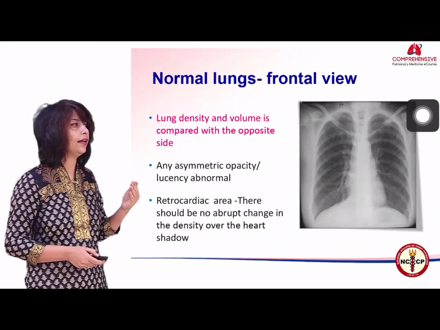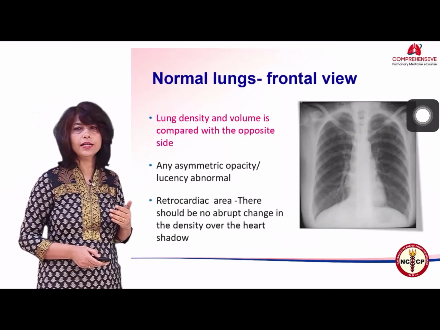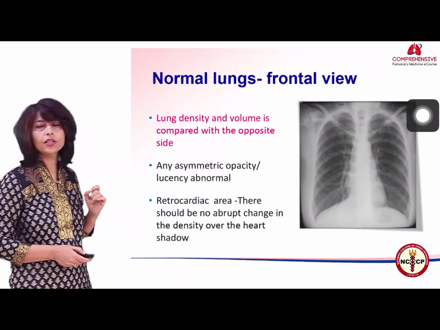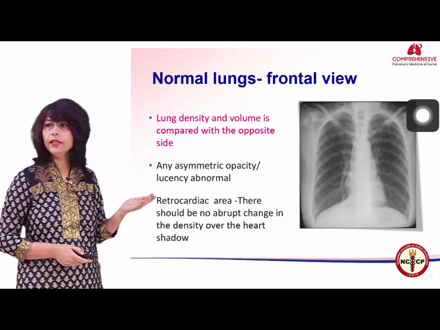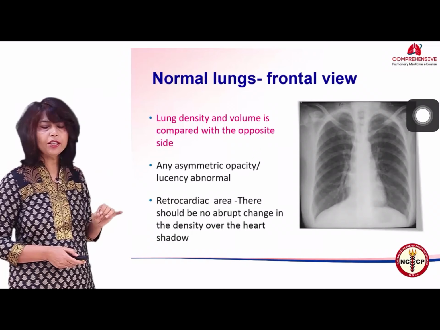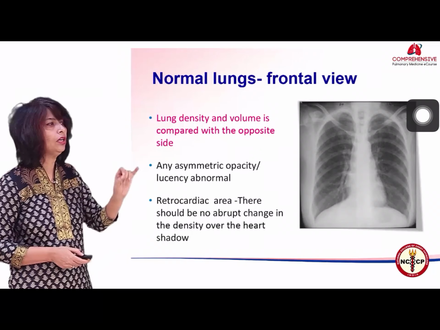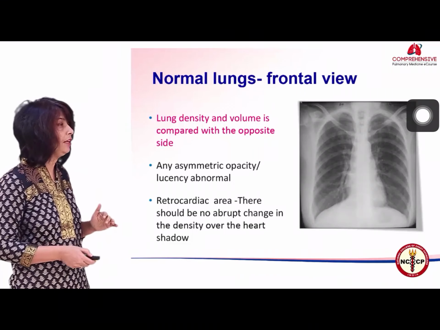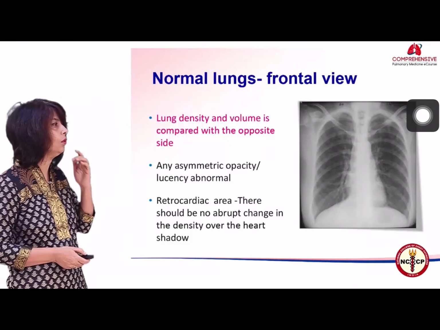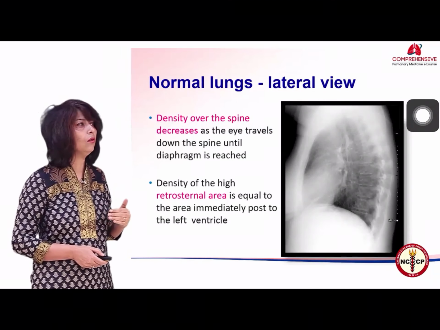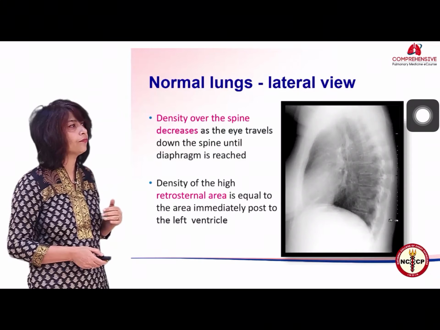If there is an abrupt change in this density, and it looks whiter over a focal area, you suspect that there is an abnormality in the lower lobe behind the retrocardiac area, especially if you cannot make out the definition of the diaphragm beneath it. Then certainly there is a lower lobe abnormality. Now, how to interpret the lung on a lateral radiograph?